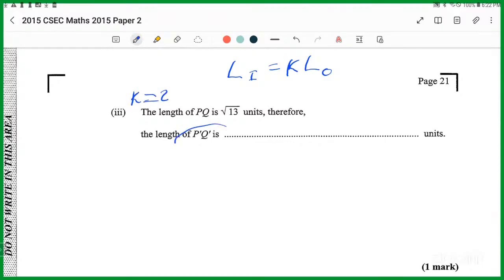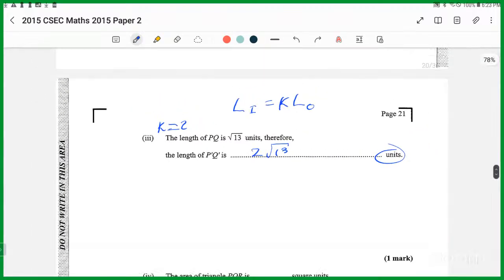So the length that I want is 2 times root 13, square root of 13 units.